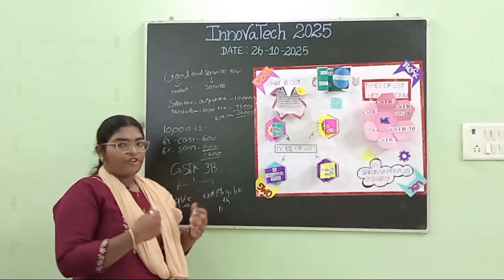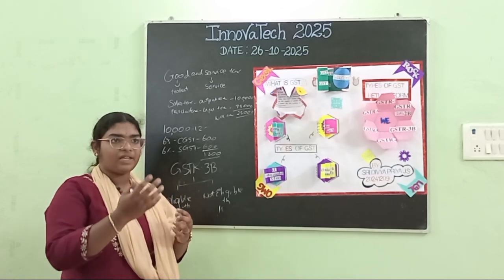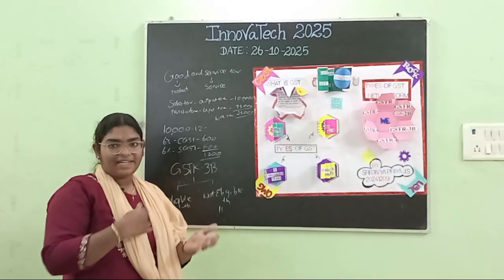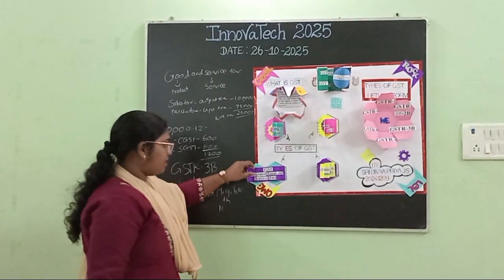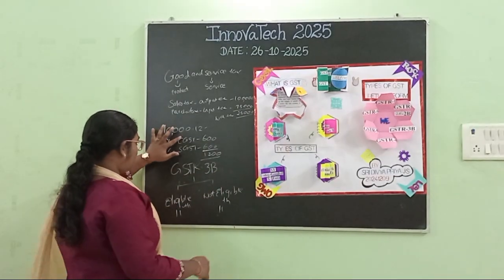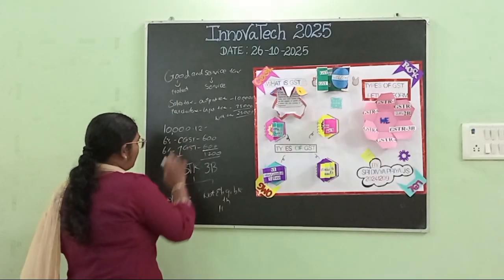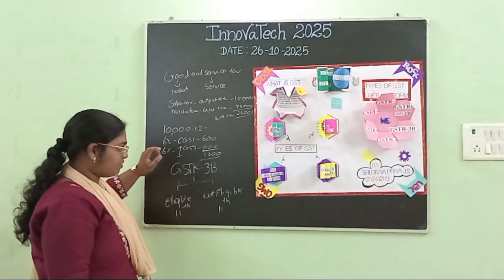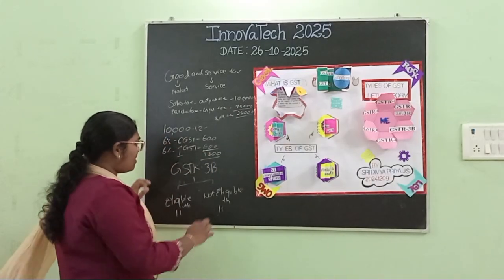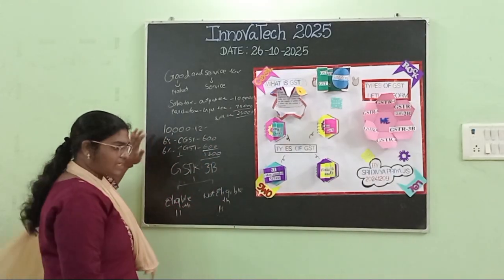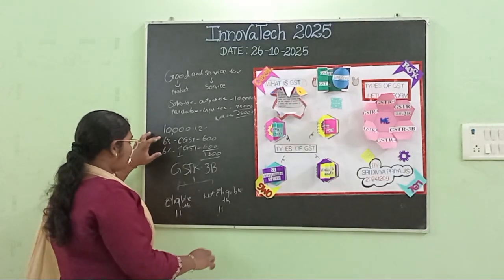For IGST, for example, when the seller is from Tamil Nadu and the buyer is from Karnataka, an interstate transaction has occurred. For this, IGST will be taken.